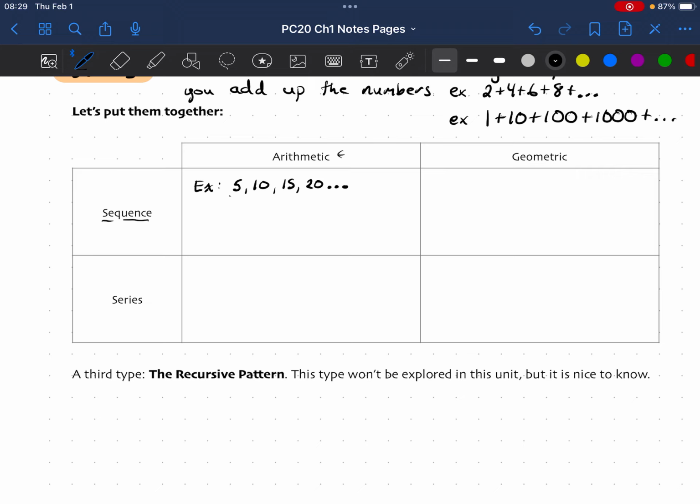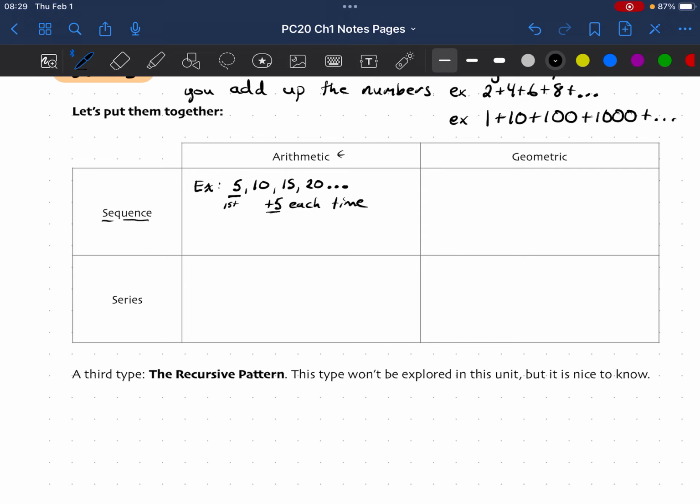You can see that our first number is 5, and we are adding 5 each time. So this is arithmetic because we're adding each time.